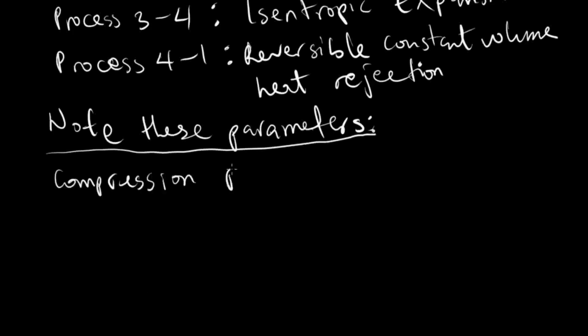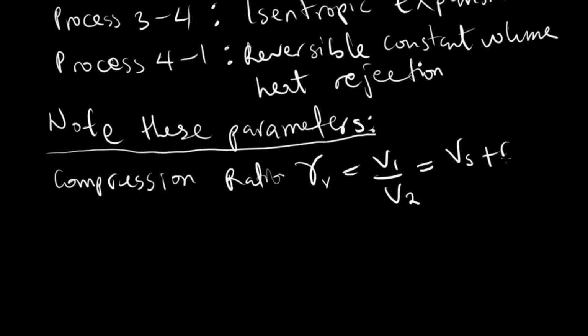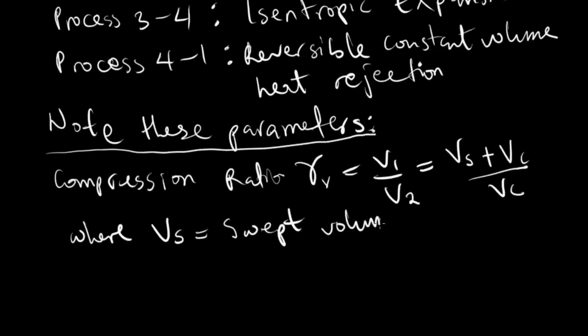Compression ratio is denoted by R subscript V, which is equal to V1 over V2, and it's the same thing as Vs plus Vc all over Vc, where Vs is swept volume, that's engine swept volume, okay? And Vc is the clearance volume.